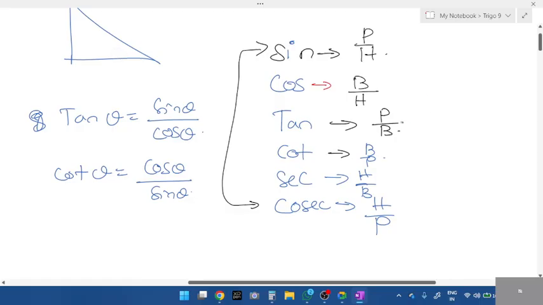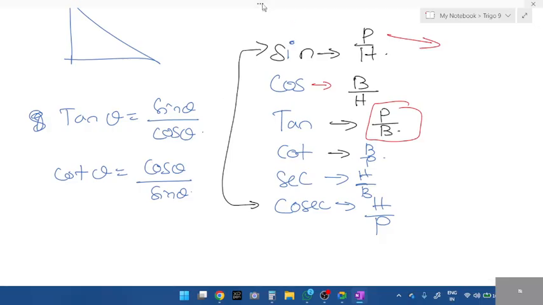See, how are we getting the tan value? How did we get perpendicular by base? We have taken the first two values, so we divide them, sine by cos. So cot will be the reciprocal, cos by sin. Sin by cos, cos by sin.